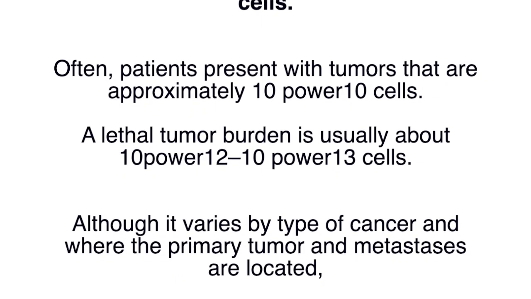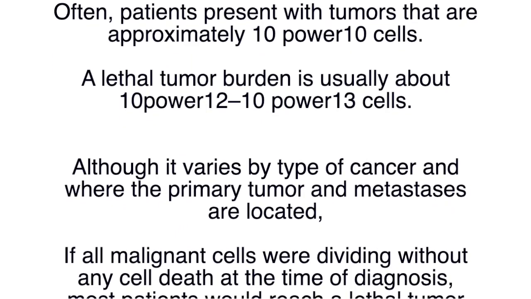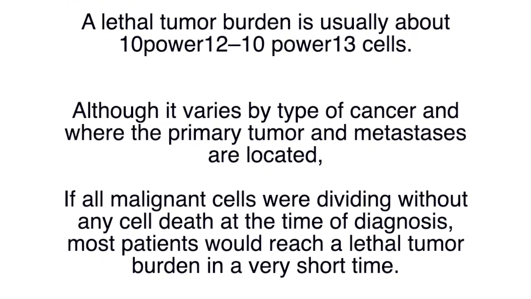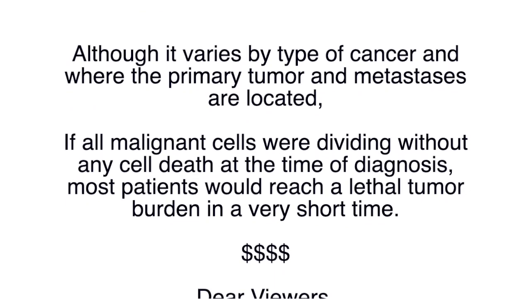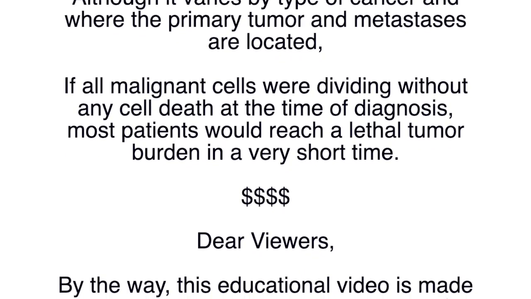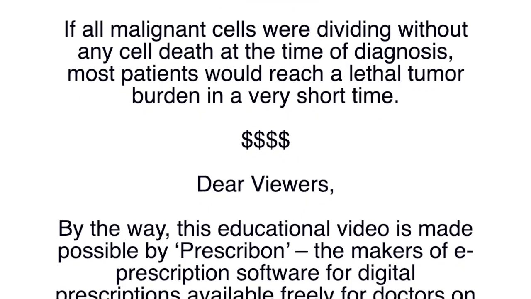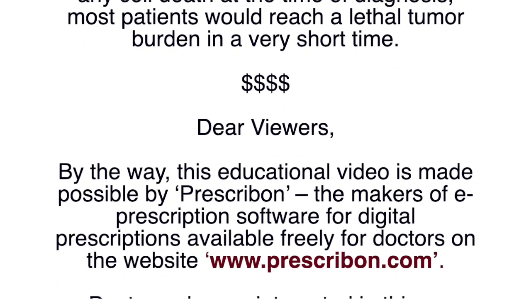A lethal tumor burden is usually about 10^12 to 10^13 cells, although it varies by type of cancer and where the primary tumor and metastasis are located. If all malignant cells were dividing without any cell death at the time of diagnosis, most patients would reach a lethal tumor burden in a very short time.